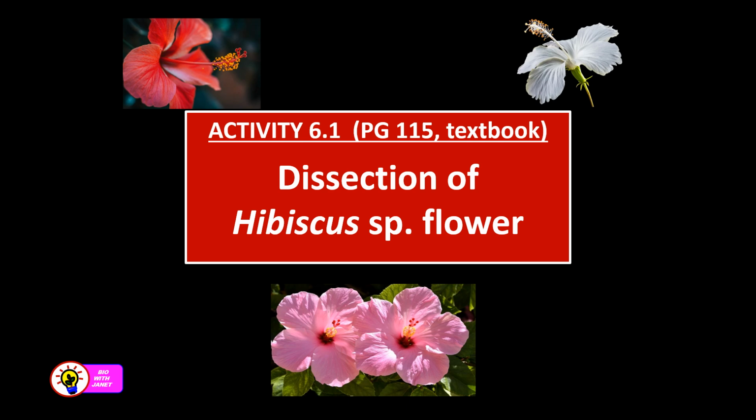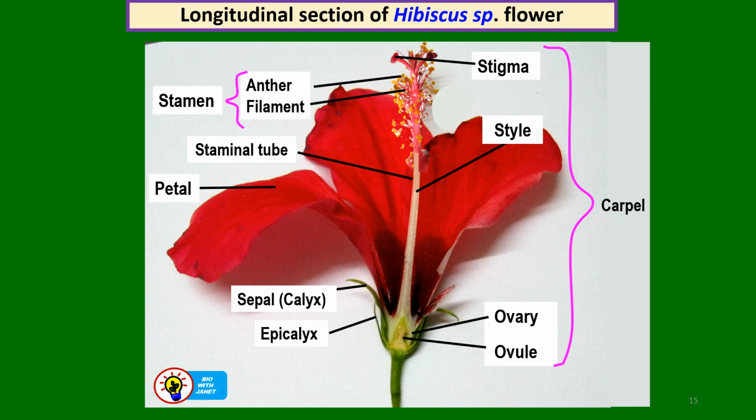Now let's discuss activity 6.1 in your textbook, page 115, on the dissection of a hibiscus species flower. So this picture shows you the longitudinal section through a hibiscus species flower that was cut from the top down to the bottom. Okay, here.